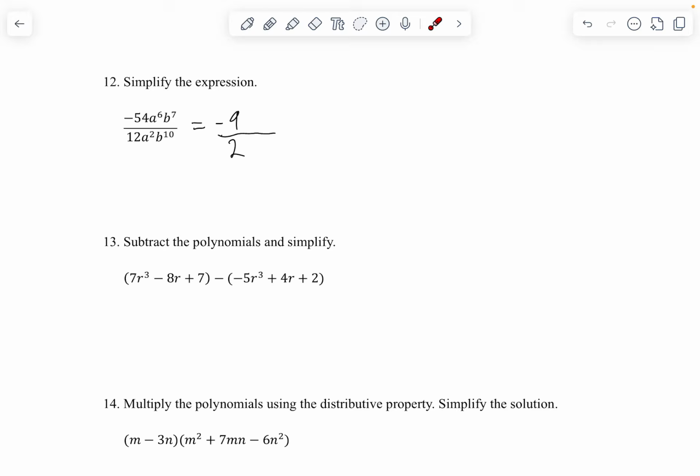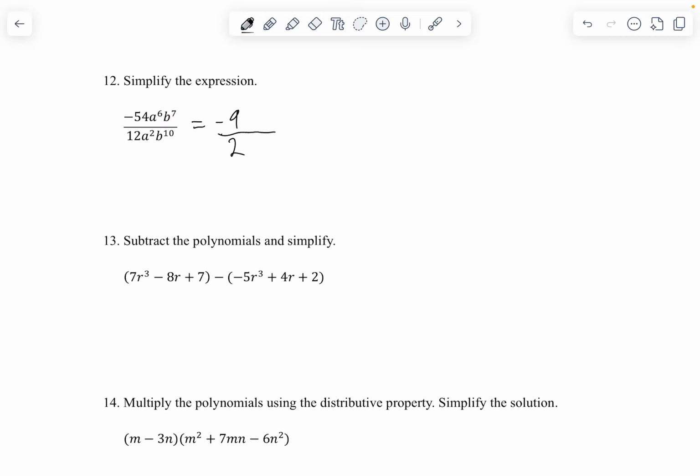Let's focus on the a's. I have a to the 6 on top, and I have a squared on the bottom. Basically, 6 a's on top, 2 a's on the bottom. The 2 a's on the bottom can cancel with 2 of the 6 a's on top, which leaves me with 4 a's remaining on top, so that would be a to the 4th.